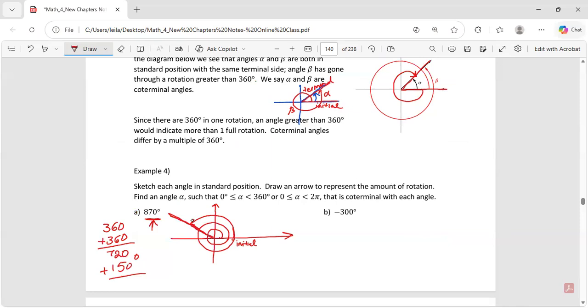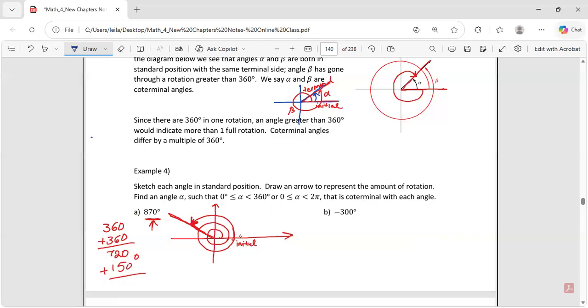So now I can graph the angle, graph the terminal side. And by having an arrow, I'm showing the direction of the angle and how many rotations I need to pass. So I graphed 870 in standard position. Now I want to find the coterminal angle. A coterminal angle is an angle with the same initial and same terminal side.